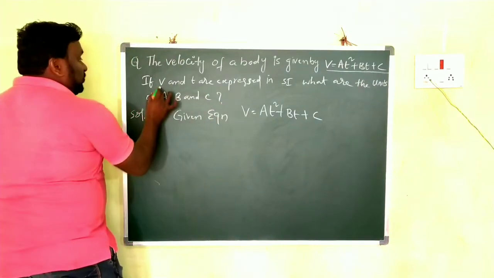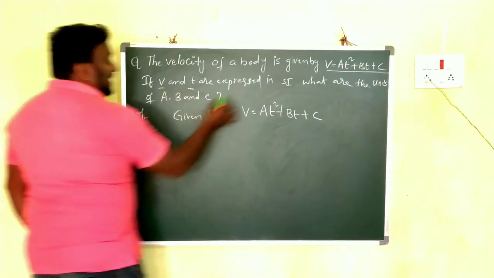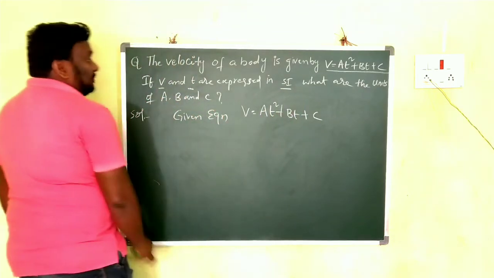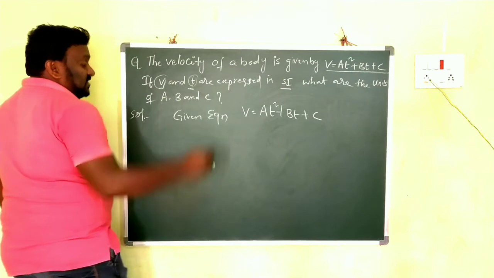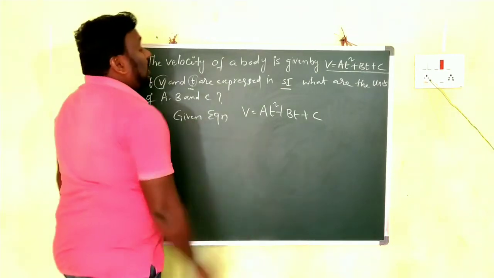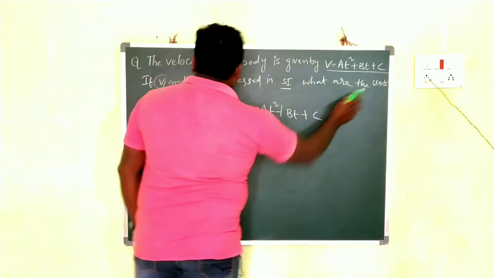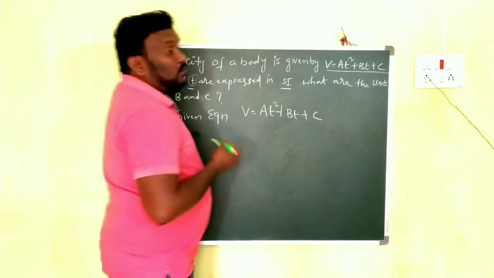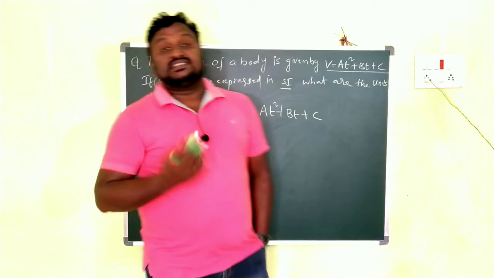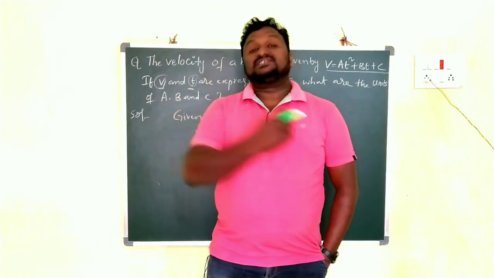In that equation, v and t are expressed in SI, which means the velocity unit and the time unit are both expressed in SI units. Now we have to find out the units of the constants a, b and c.